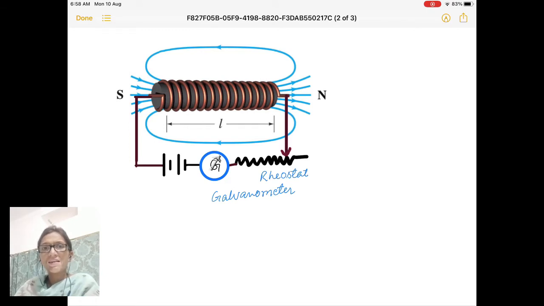Now when the electricity goes, at that time you will find that it glows very bright just for a moment, and then the electricity cuts. What happens then? There is a decrease in magnetic field and magnetic flux when the electricity is cut off, because the current decreases.